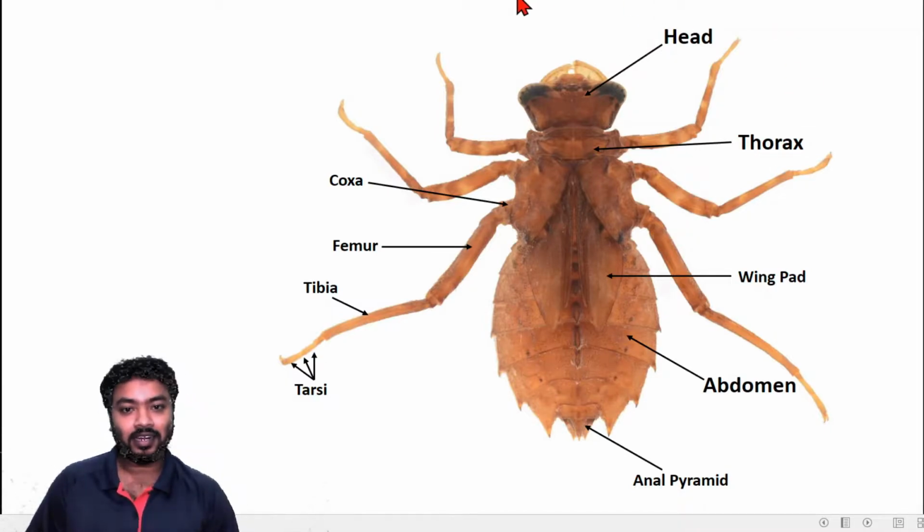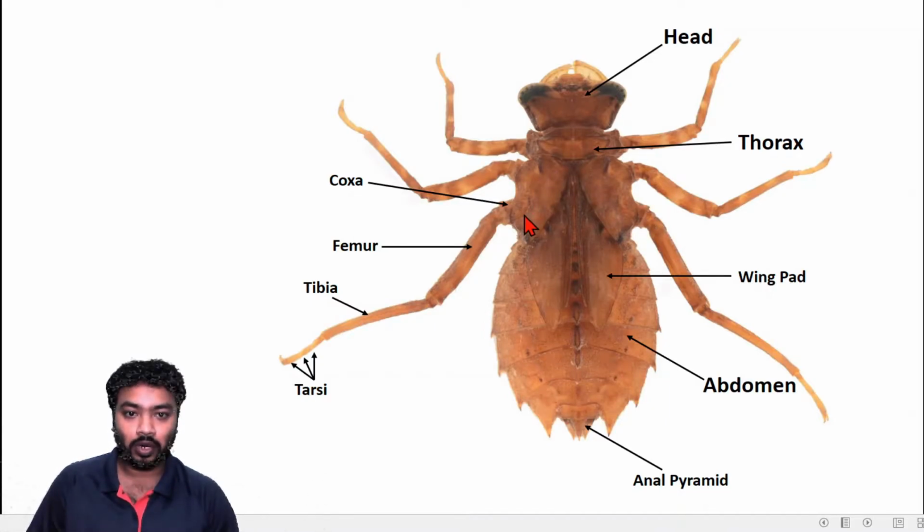So here this is a dragonfly larva of the Libellulidae family. Obviously we can see the dragonfly larvae are very stout and very strong in structure. Here three pairs of legs are there, and all three are from the three thoracic parts: prothorax, mesothorax and metathorax.